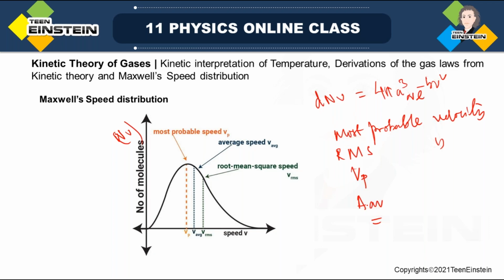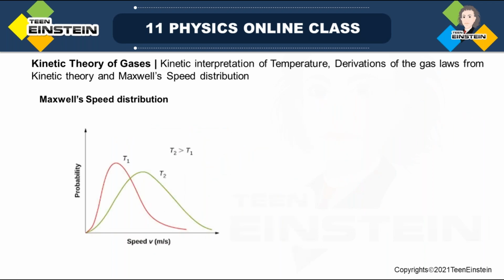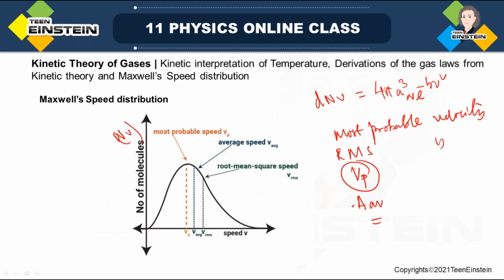These are the things we will see in the next class, how we can derive RMS and average, and this is the most probable velocity or speed. There are certain important features of this speed distribution curve. This is called the Maxwell speed distribution curve.